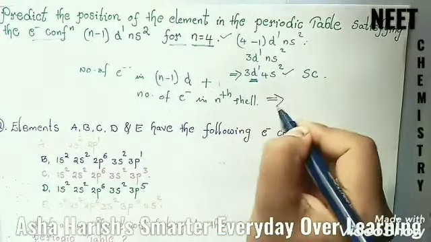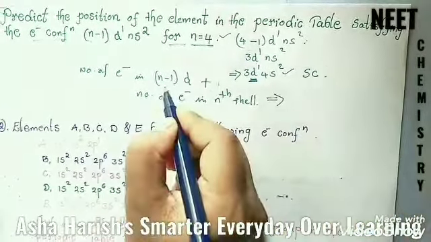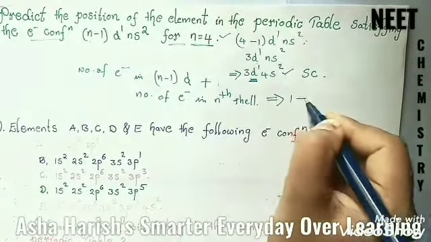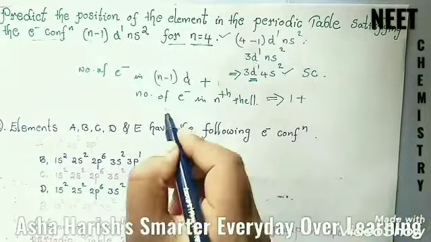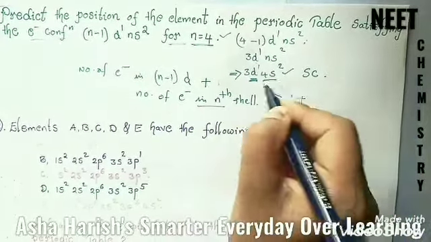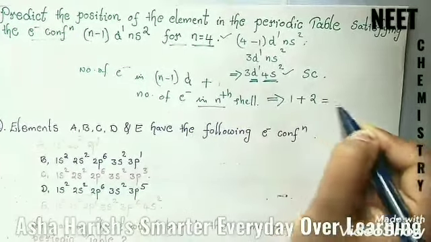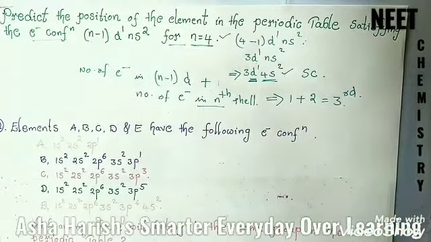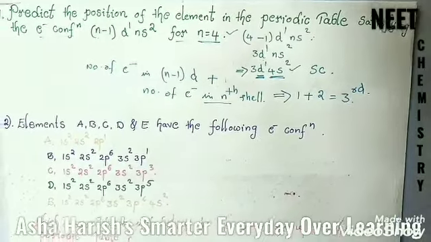Here there is 1 electron in the (n-1)d, plus 2 electrons in the 4s, that is 3. So scandium belongs to the third group.